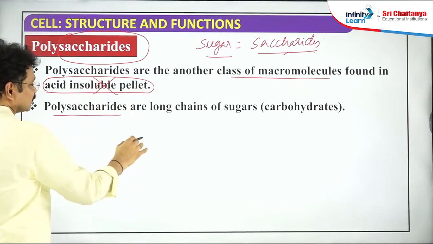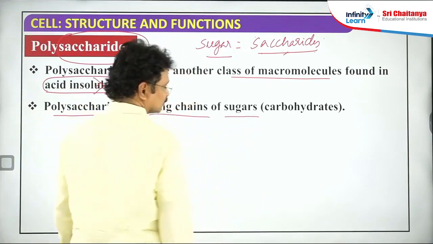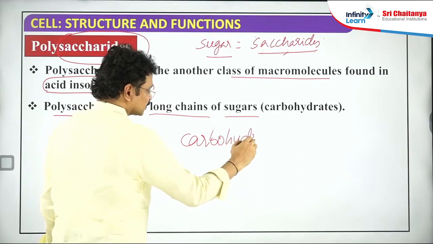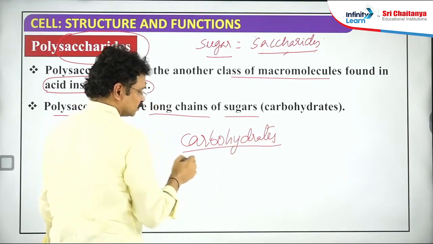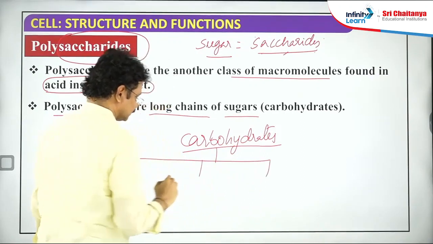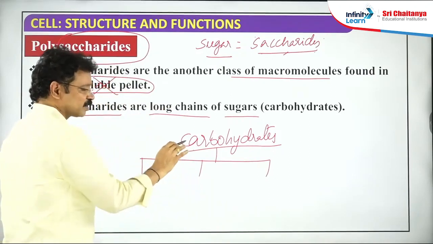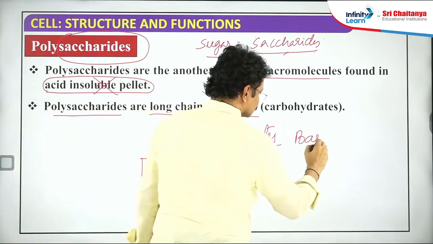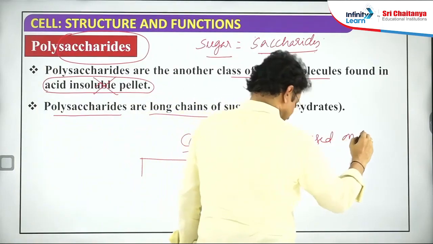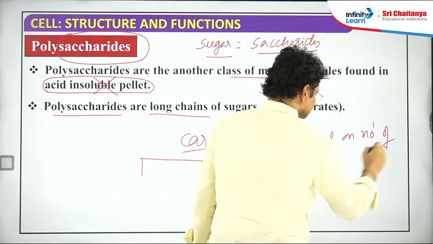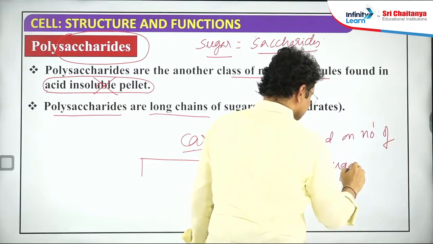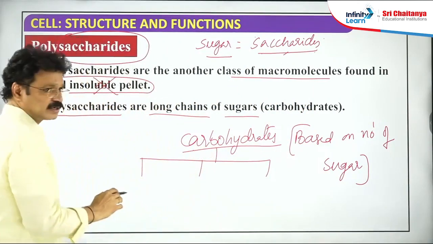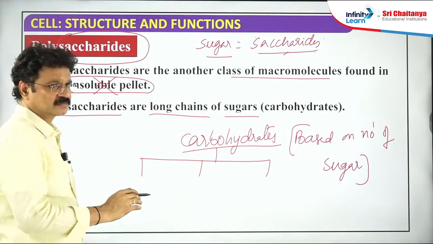Next, polysaccharides are long chains of sugars. I think you learned in chemistry class about the classification of carbohydrates. You might have learned in higher classes, based on number of sugar units present in each molecule, carbohydrates are widely classified into categories.